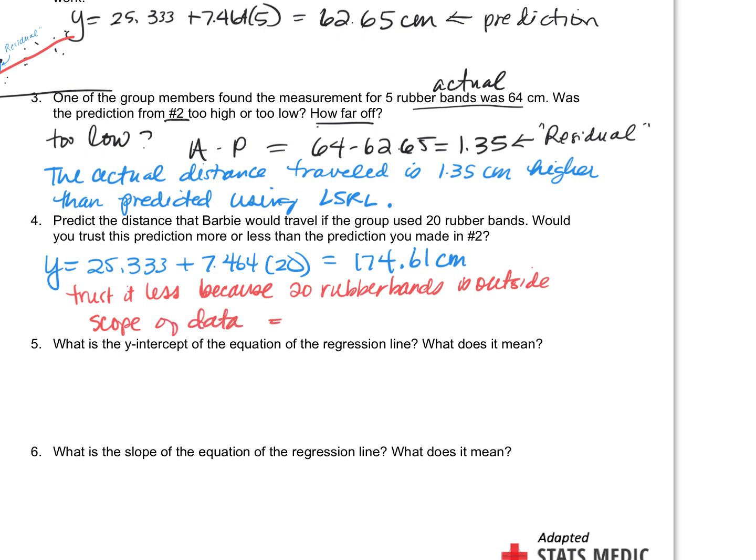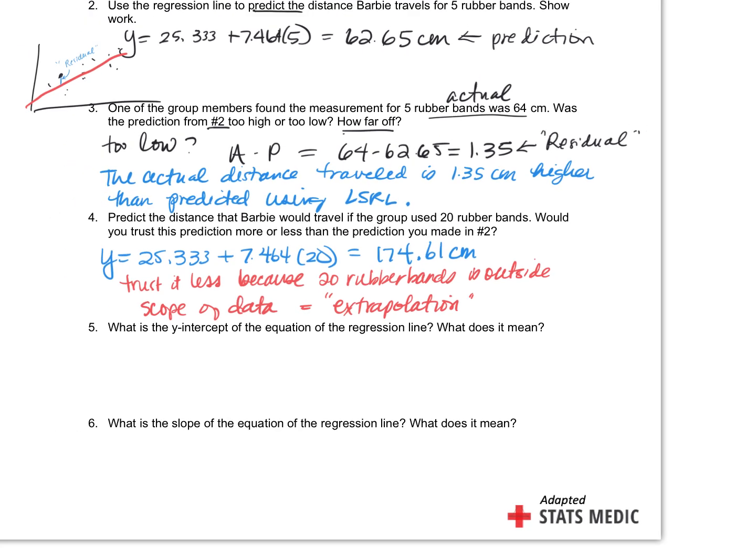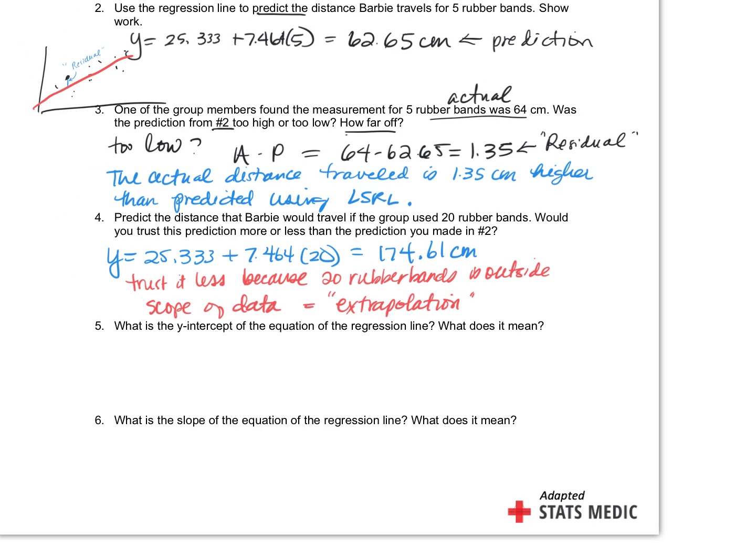And we call that extrapolation. Can you actually plug in 20 and get a number? Yes, you just wouldn't rely on it as strongly. You would kind of give it some warnings like, wouldn't trust this as much.